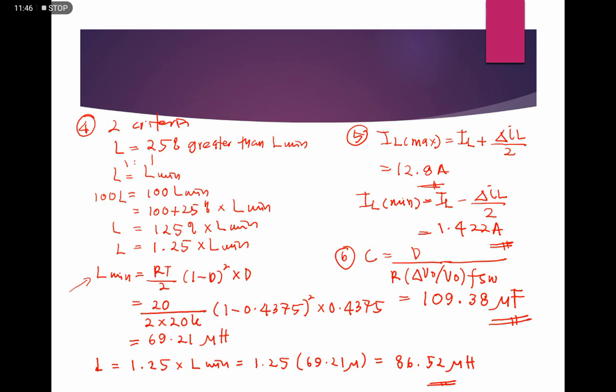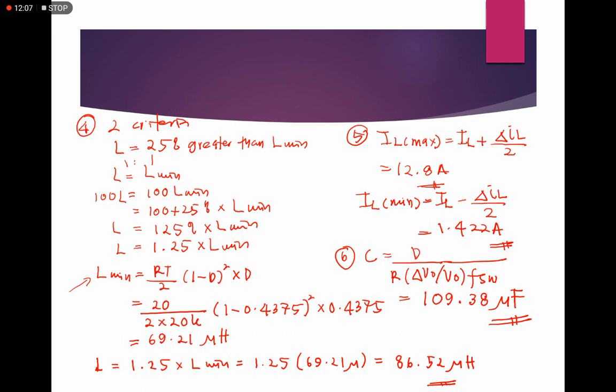If let's say you are using the other criteria, which involves the delta IL equation, delta IL is 40% of your average inductor current. You can use that as well in order to get the value of your inductor.